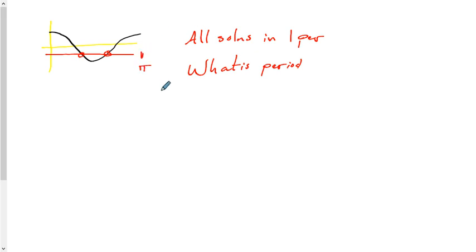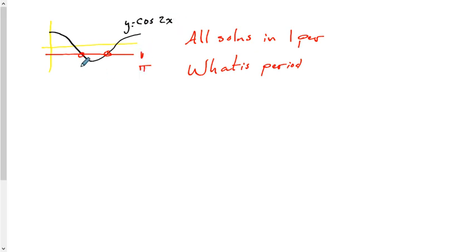What we want to do is think of what are all the solutions in one period, and then what is the period. So suppose the period here was pi. So actually what I graphed in black there was y equals cosine of 2x. Suppose I had a 2x in there.